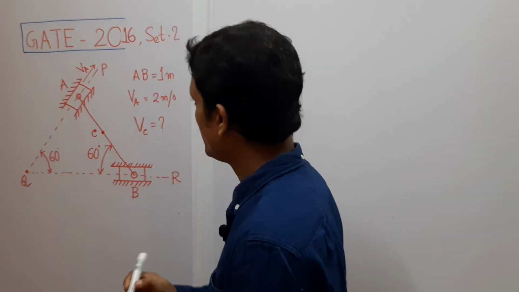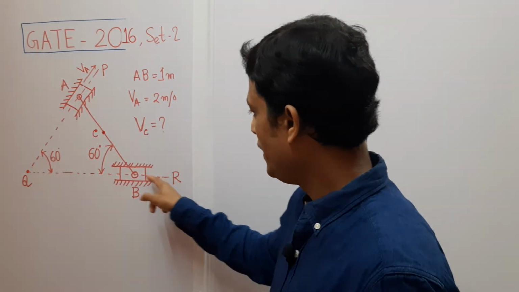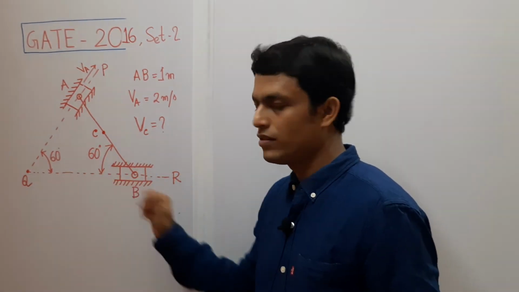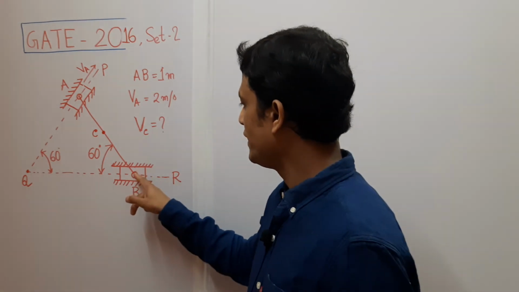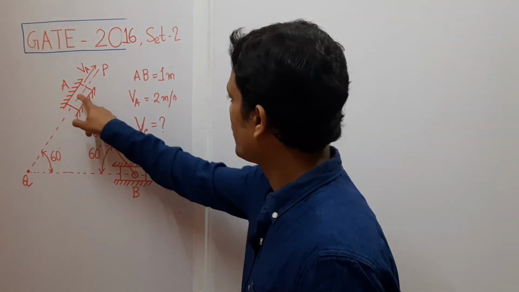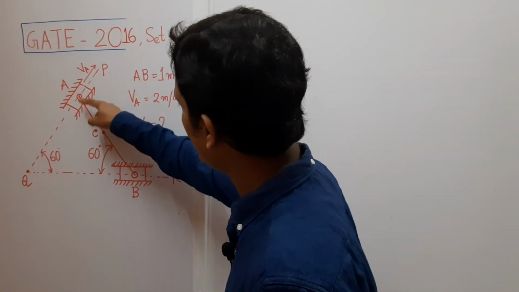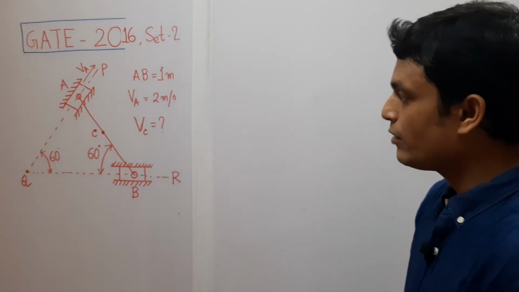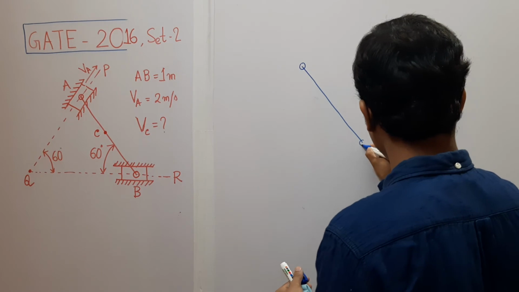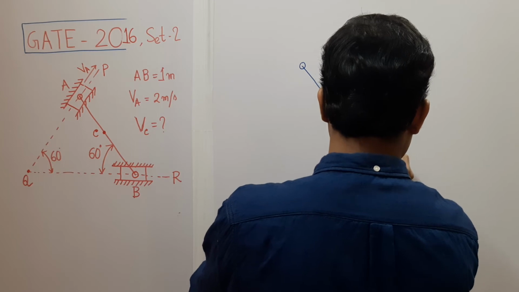So what we will do, the direction of velocity at point A and the magnitude is known, and B is restricted to move only along QR because the slider is restricted to move along the axis of the slider. So we know the direction at points B and A, and at point A the magnitude is also known. So we can locate the instantaneous center of the link AB. So let me draw here the link AB only. This is link AB, and let me draw the sliders also.